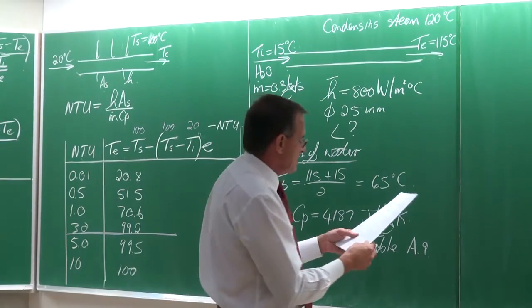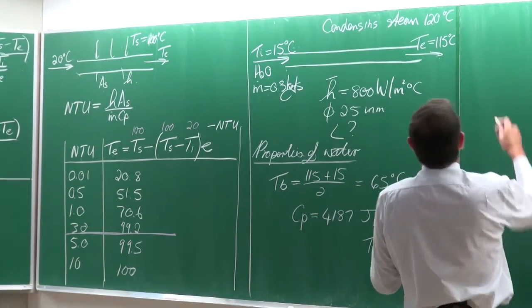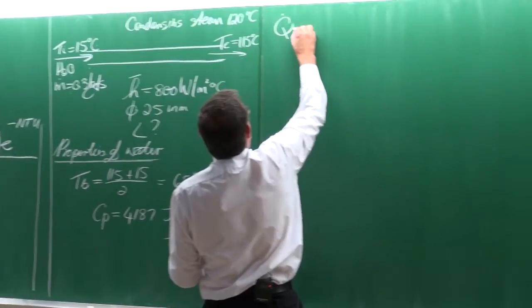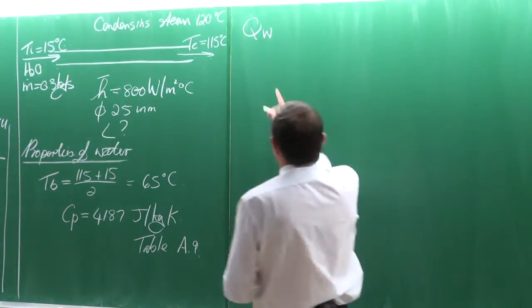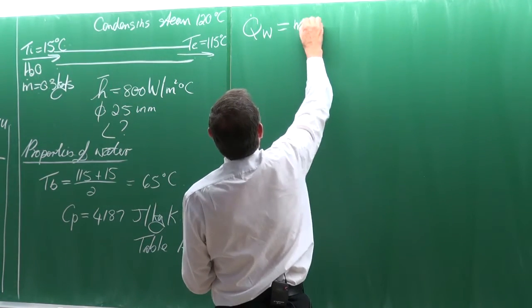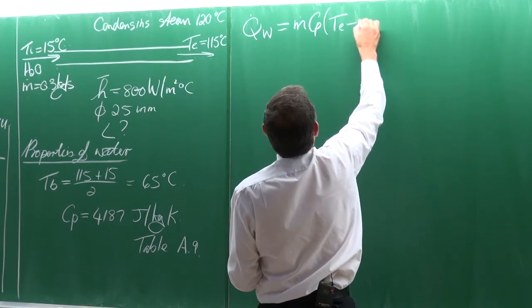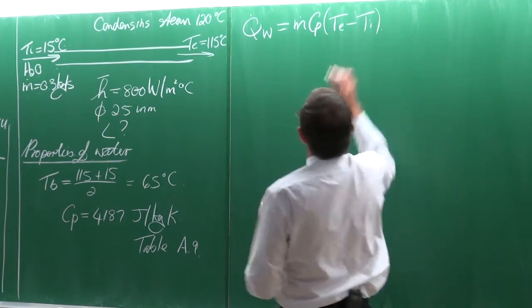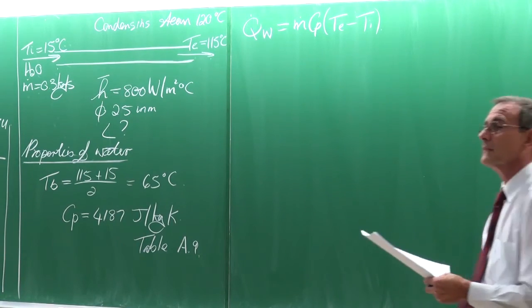So, if we now look at this problem, because we have the outlet temperature, we can say that the heat transfer rate to the water is equal to the mass flow rate times Cp multiplied by the outlet temperature minus the inlet temperature.